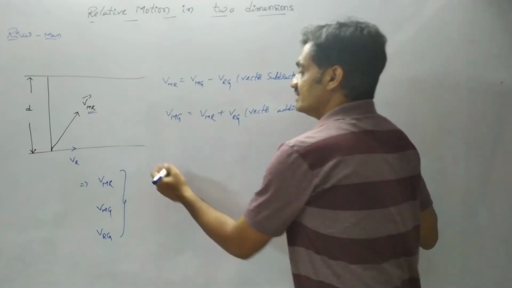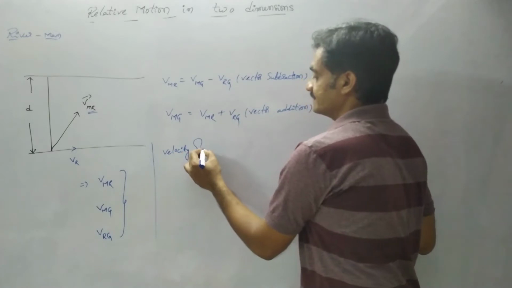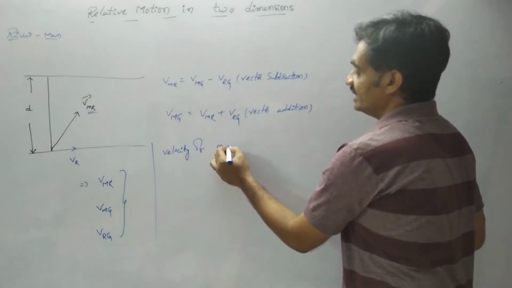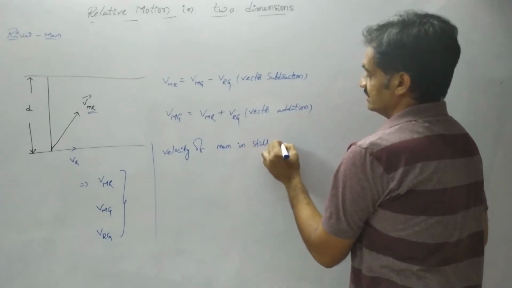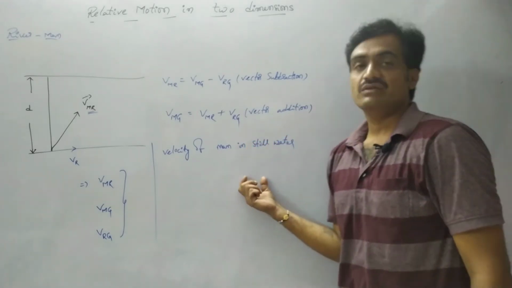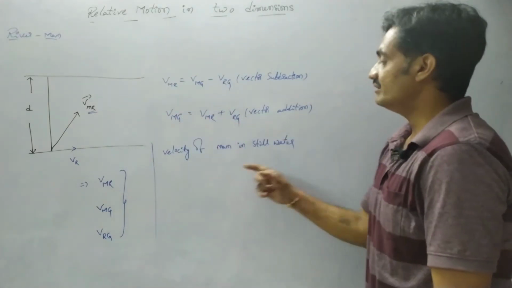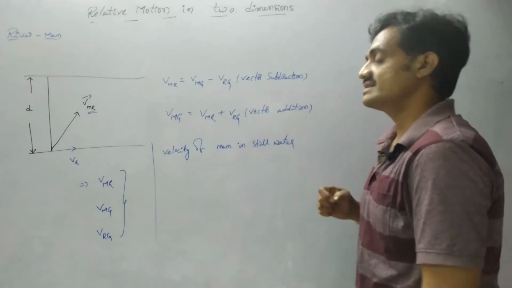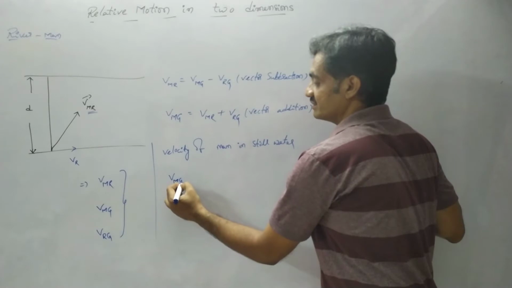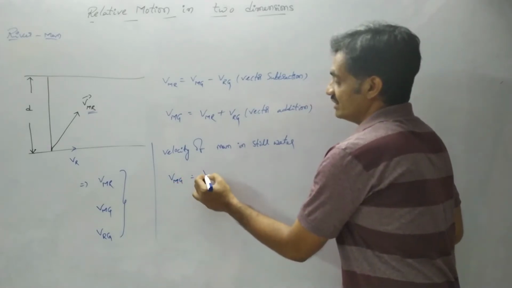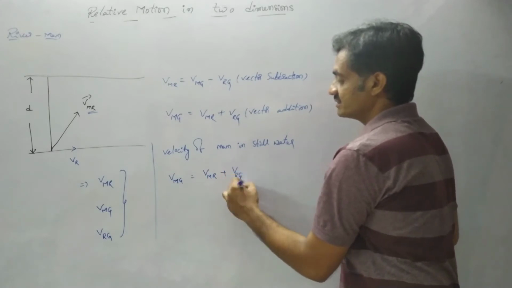Now observe the velocity of the man in still water. It means we have to find the velocity of the man when he is still in water. Then we can represent it as velocity of the man with respect to ground equals velocity of the man with respect to river plus velocity of the river with respect to ground.